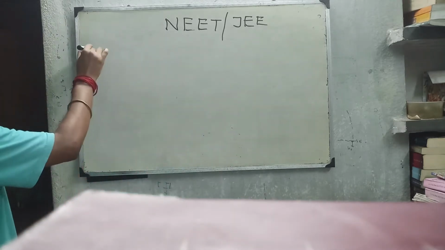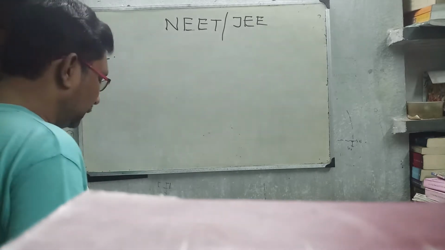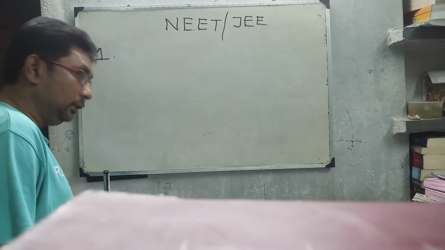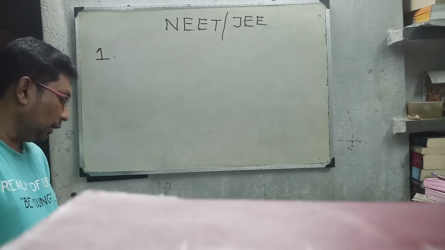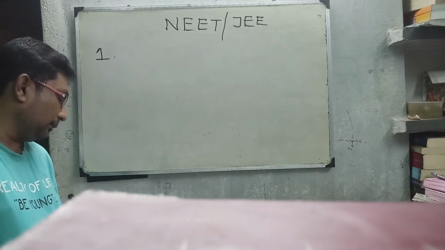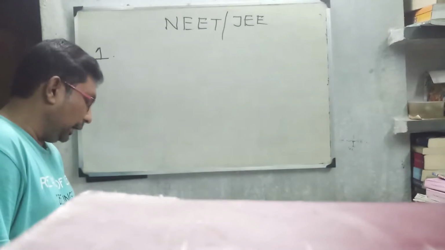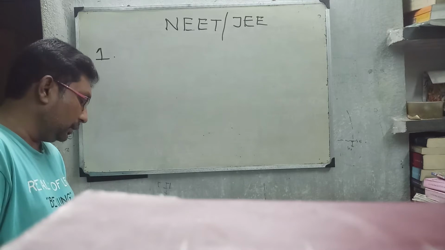Question number 1, covering the topic electrostatics. An electron is moving round the nucleus of a hydrogen atom in a circular orbit of radius r.